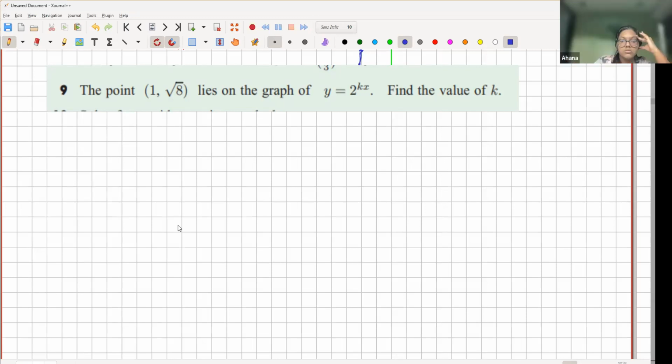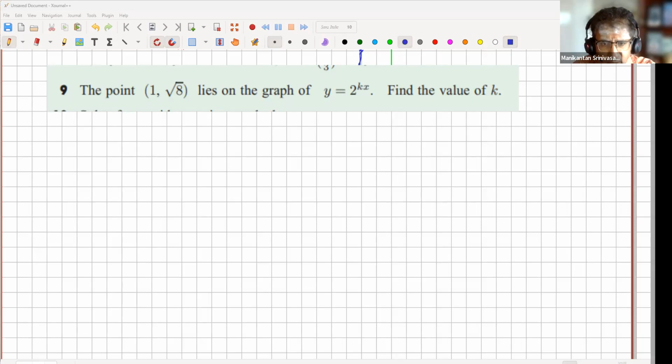K equal to 1... wait, no. K equal to 3 by 2, equal to 1.5. Yeah, same, 1.5. Fairly easy, right? Okay.